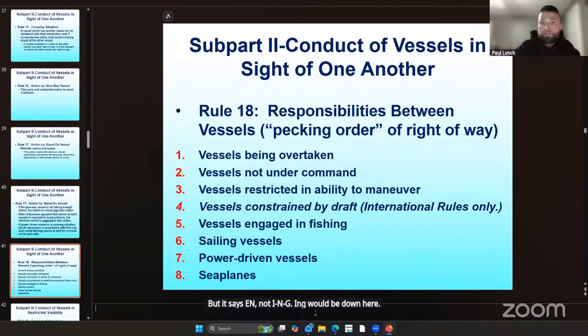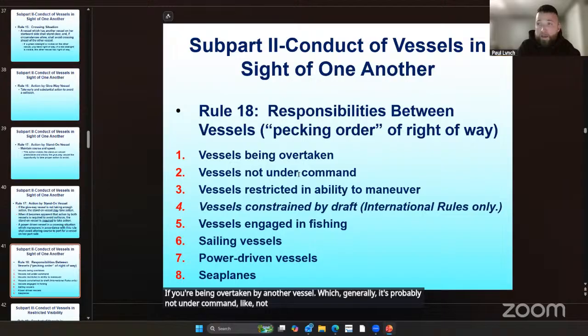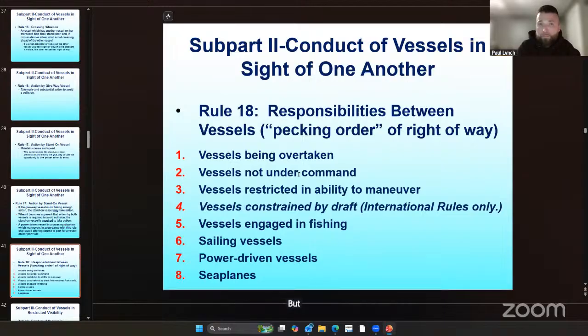You're going around somebody. You're cutting in front of them. If you're being overtaken by another vessel, which generally is probably not under command, but could it be? Yeah. When we get into the sounds, you can always initiate maneuvering signals over the radio.